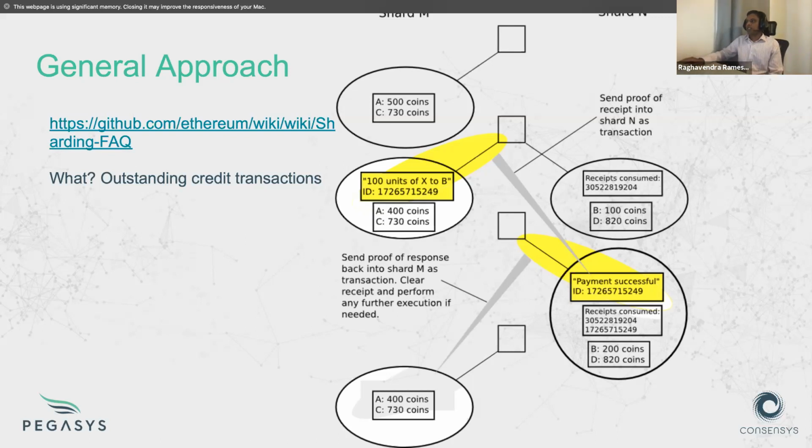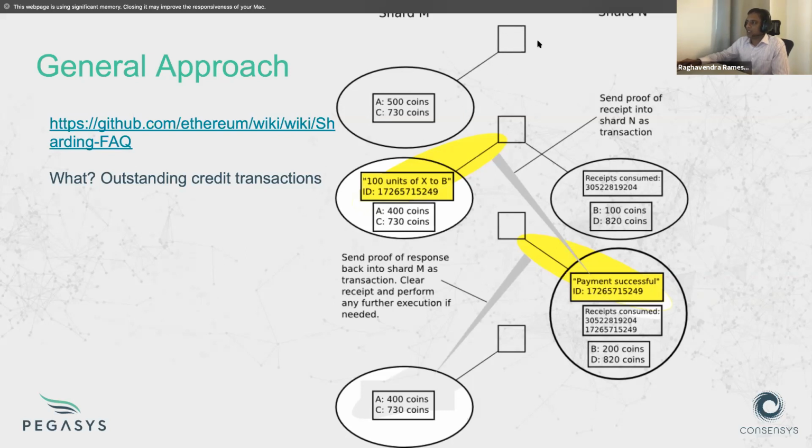Anyway, so let's see this case. We have two shards, shard M and shard N. There are four users, A, B, C, D. A and C exist on shard M. B and D exist on shard N. A has 500, C has 730 coins. Suppose we want to transfer 100 coins from A to B. That was the state here in this shard state.